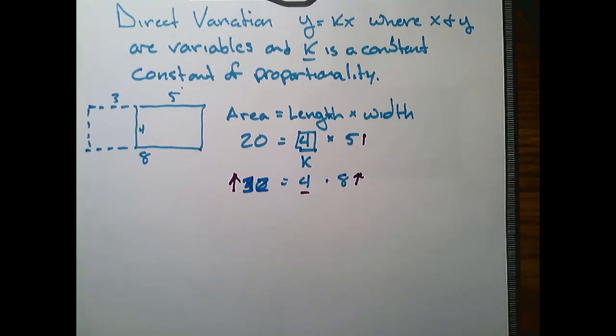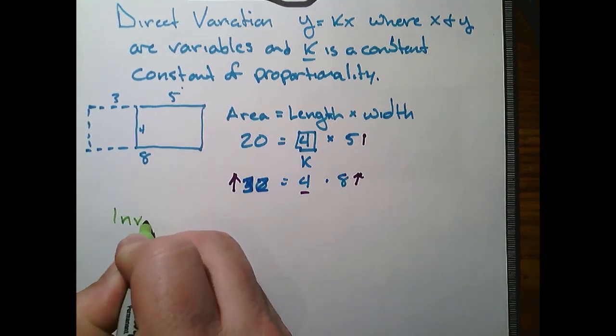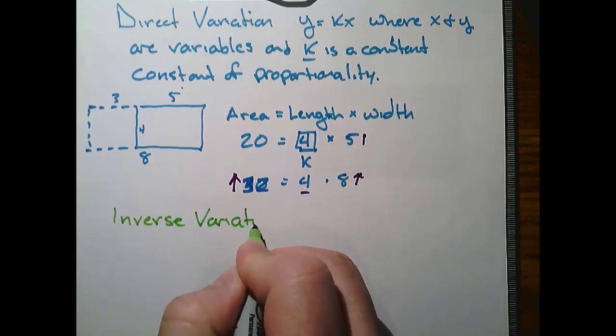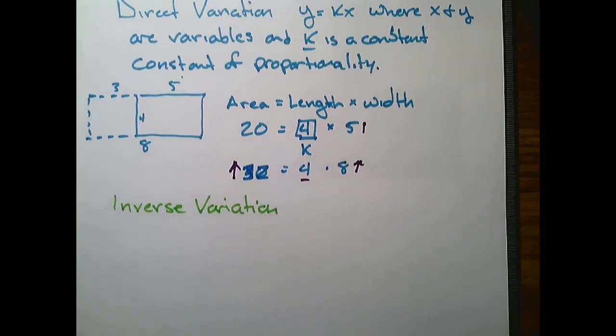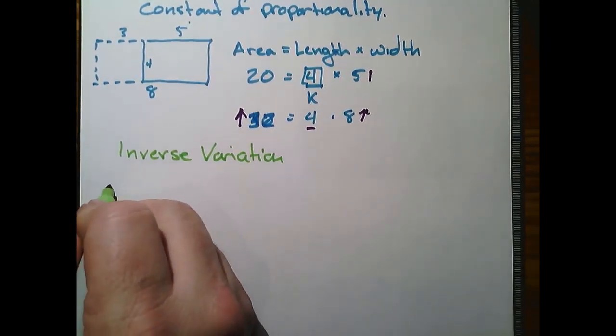Now, that's direct variation. Today we're going to take a look at another form of variation, and that is inverse variation. Now, looking at our same example, we're going to start out with our rectangle.